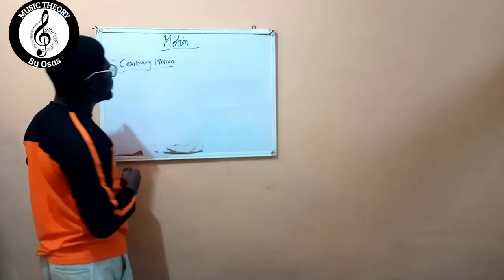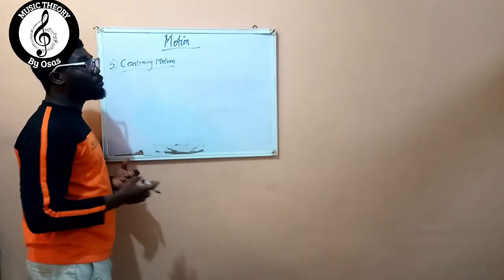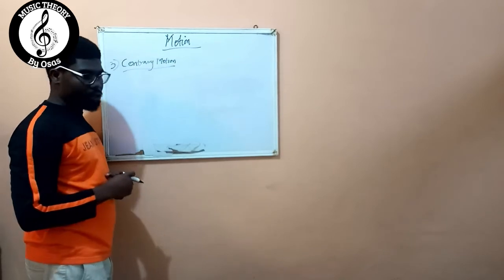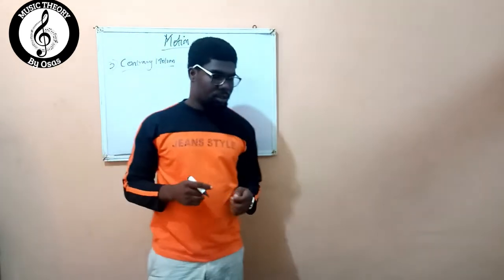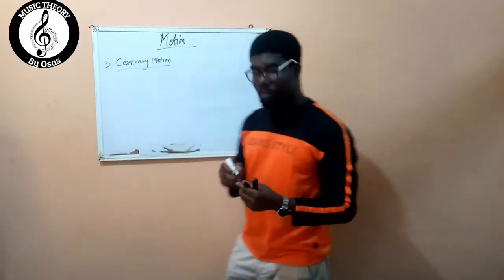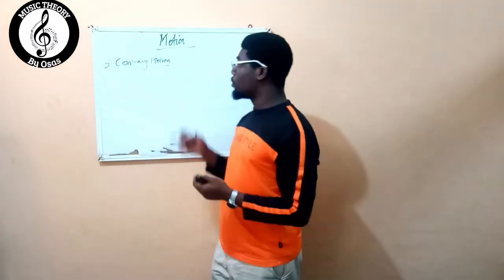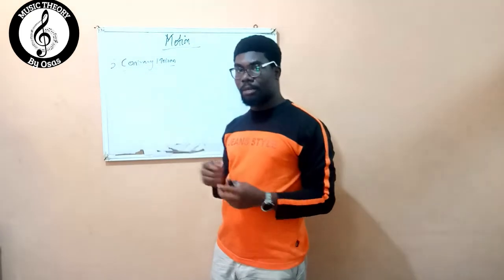In contrary motion, both parts move in opposite directions. Both parts move in opposite directions. So, contrary motion, both parts move in opposite directions. Let's have an example.